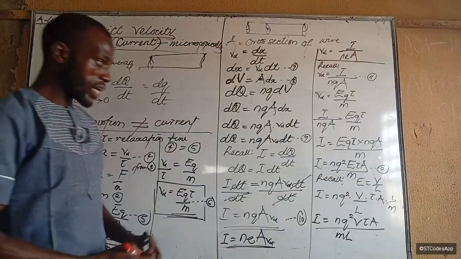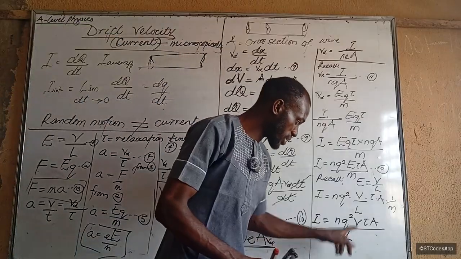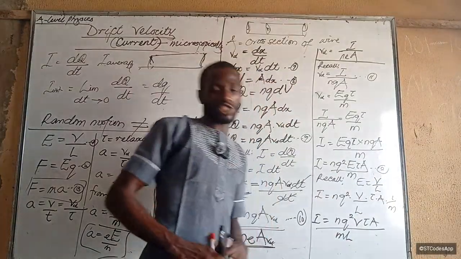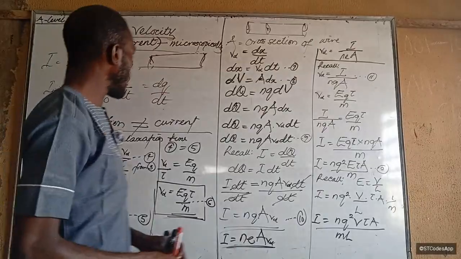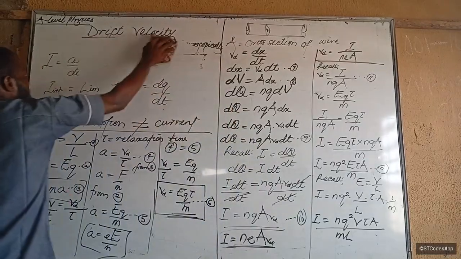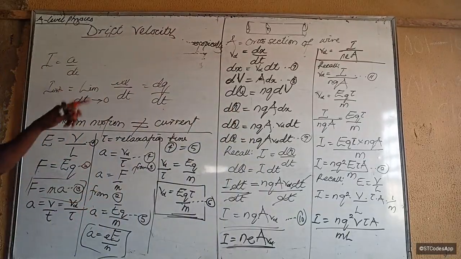All right, you can already see that we have been able to bring in voltage here and parameters that are associated with resistance. So from here I can rearrange my expression.